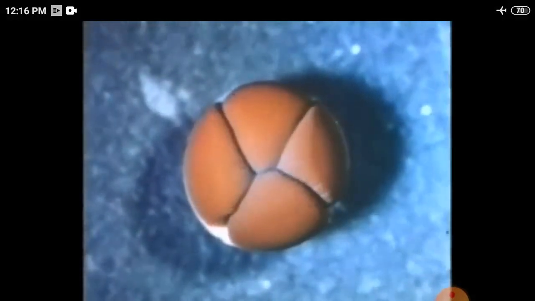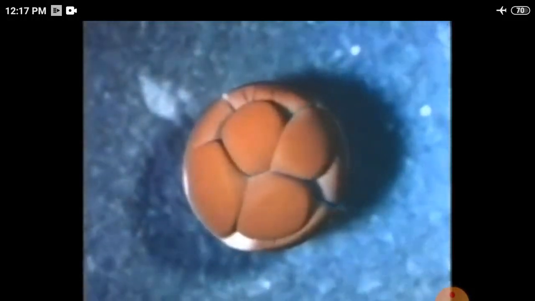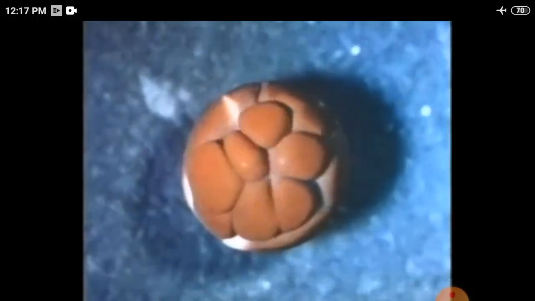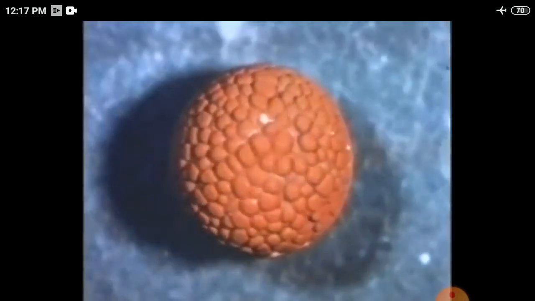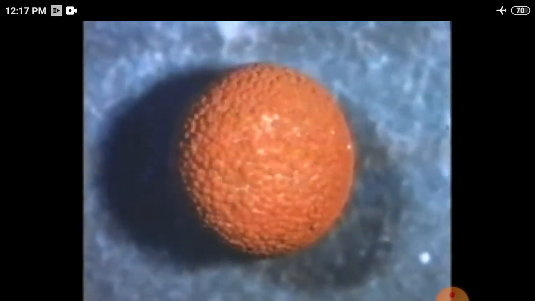The fertilized ovum undergoes rapid divisions and forms a blastula. Each division normally takes about 30 minutes. The blastula develops into a gastrula.